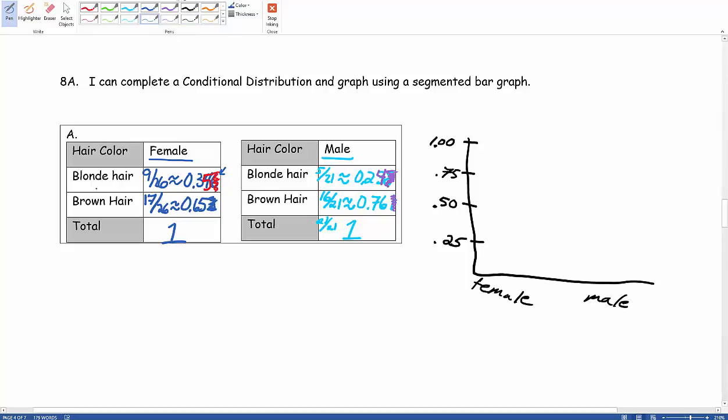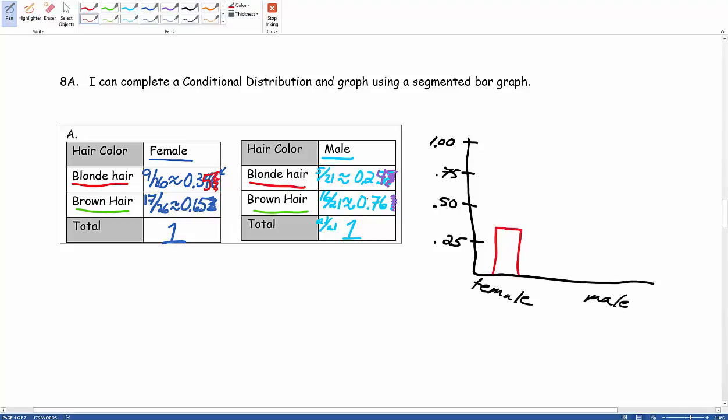Now, looking at the blonde hair, we'll make it red for blonde, and then green for brown. So just looking at the blonde hair for the females, we go up to about 0.35, or 35%.